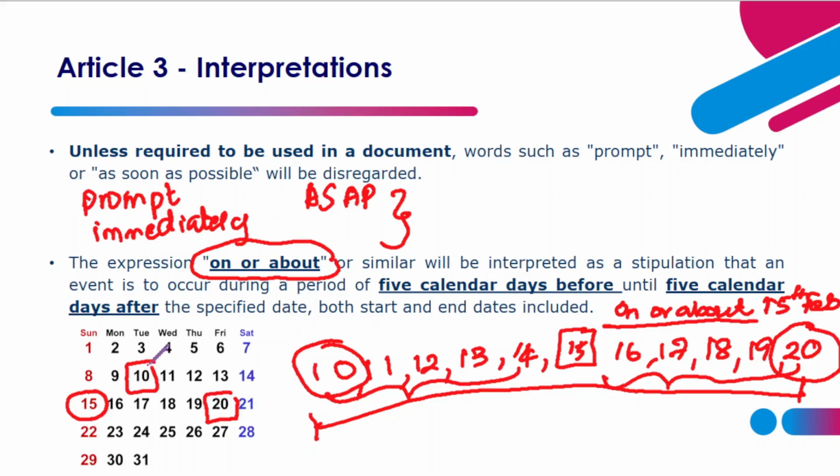So let's say the bill of lading carries a date which says 10th of February, that bill of lading is acceptable. If the bill of lading says 20th of February, still it is accepted. Let's say the bill of lading says 9th. Can you accept it? No, it says on or about. So the date range is only restricted from 10th February to the 20th of February. Both start and end dates included.